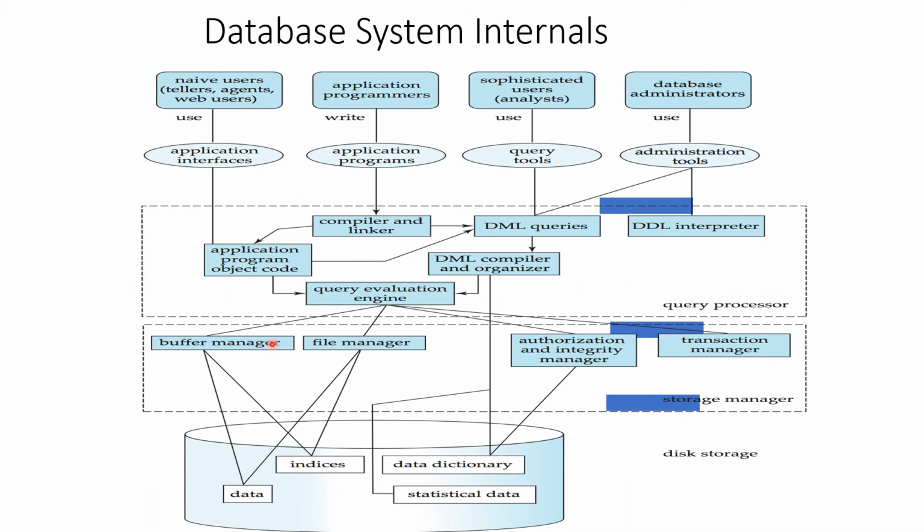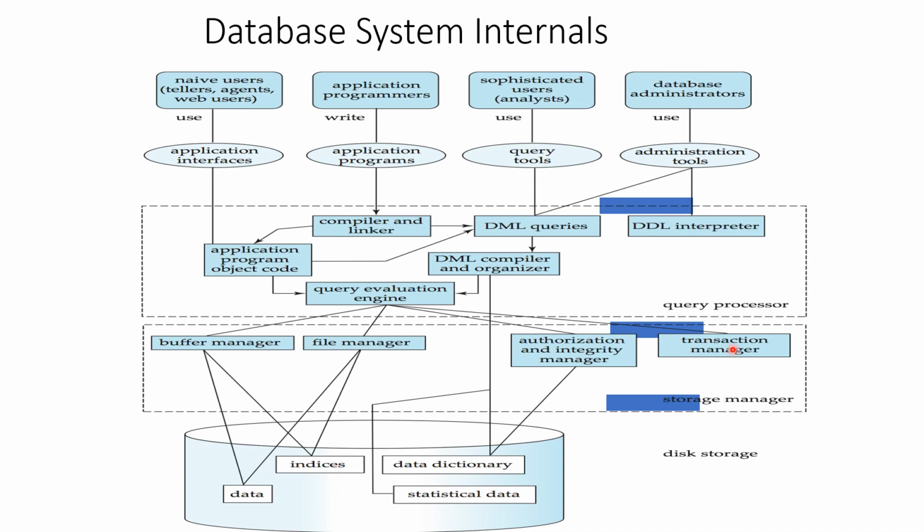Now we are going to the storage manager, because the query is now completed, coming from the DML compiler, organizer, and query evaluation engine. The particular thing that is needed goes to the buffer manager. Then data goes to the file manager, some data goes to the authorization and integrity manager, and some data goes to the transaction manager.